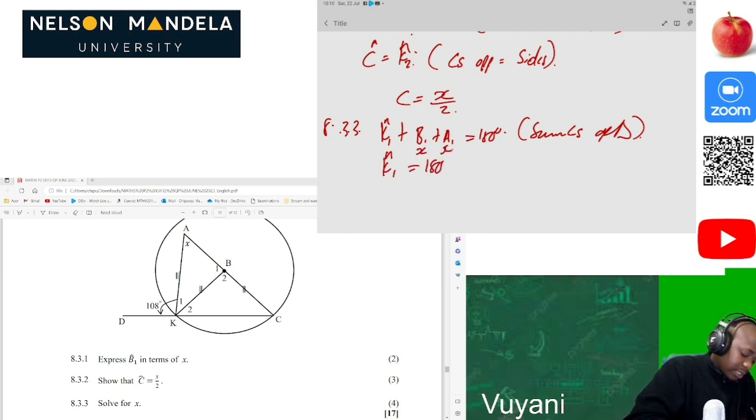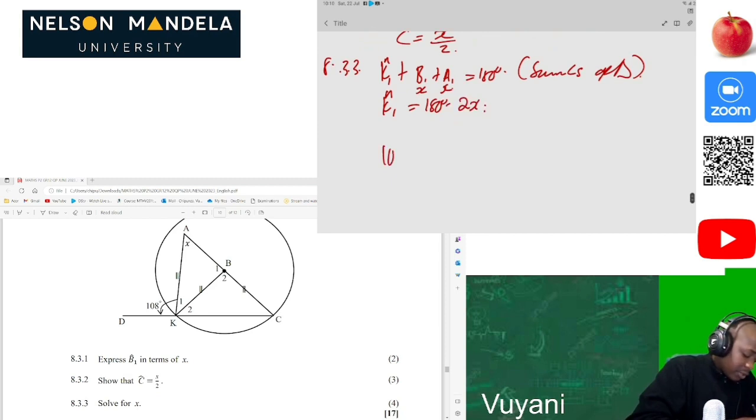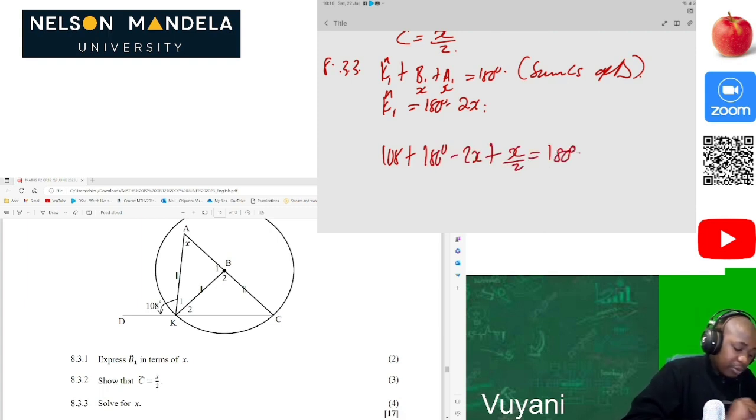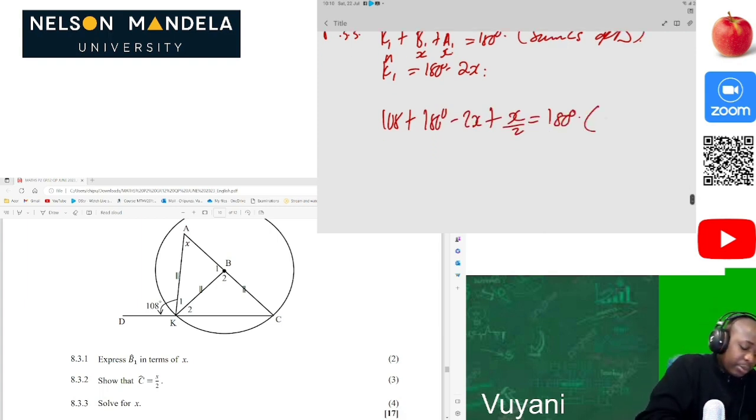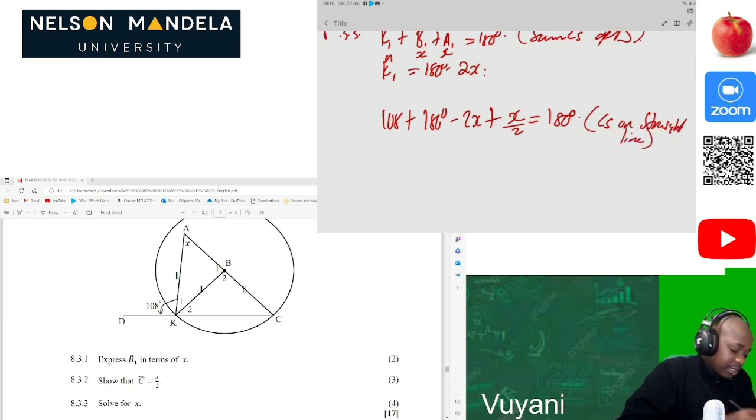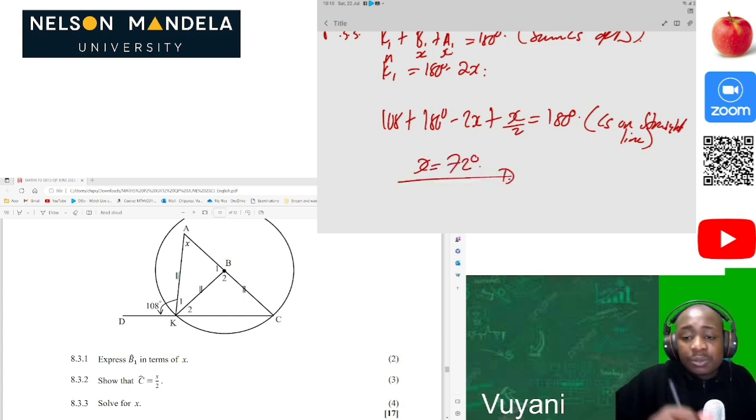Now looking at the straight line, we can see that 108 plus 180 degrees minus 2x plus our x over 2 is equal to 180 degrees, because we want to solve for x, and the reason will be angles on a straight line. Then our x here will just be 72 degrees, as simple as that.